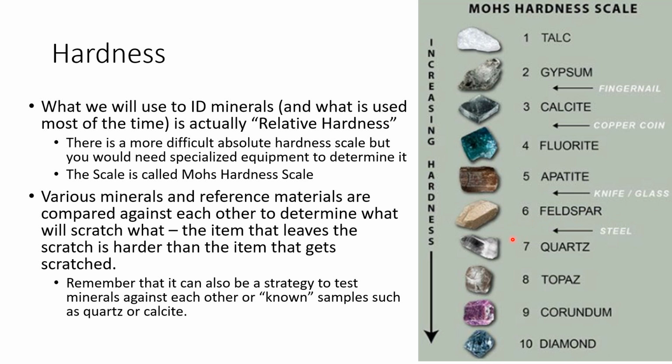Hey, I happen to have a quartz crystal lying around, so I can test the quartz against the feldspar to see which of those is harder. Also remember that this is a two-sided test. You can try it both directions. You try to scratch the feldspar with the quartz, then go the other direction and try to scratch the quartz with the feldspar. One of them is going to win and scratch the other one. The harder one scratches the softer one.